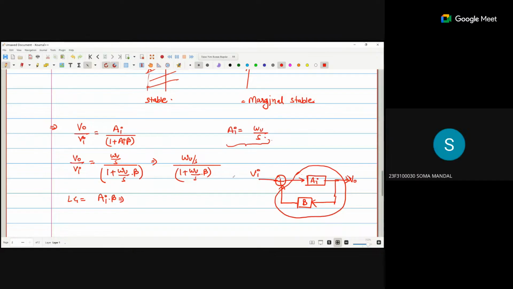If we are taking the single stage amplifier, then the loop gain is Ai times beta upon 1 plus S by omega.